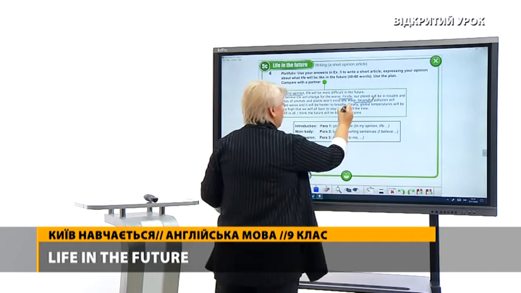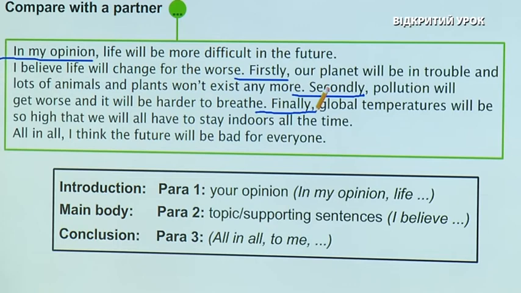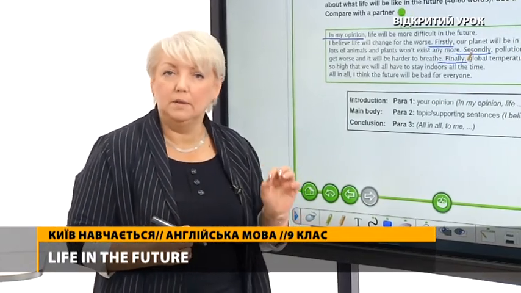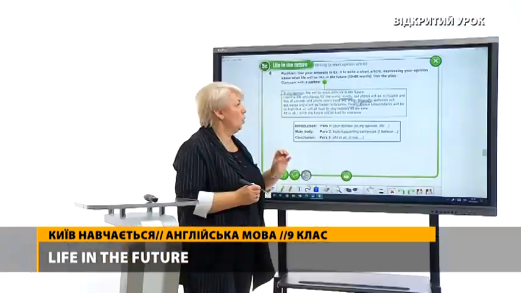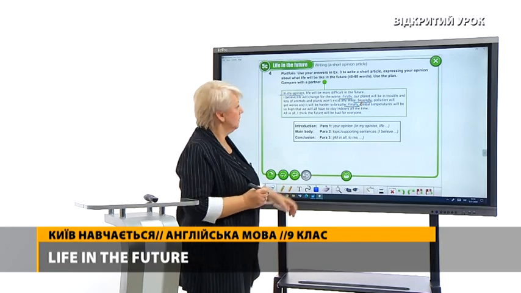Finally, the third supporting sentence. Global temperatures will be so high that we will all have to stay indoors all the time. So, what are the linking words showing the sequence of your supporting sentences?